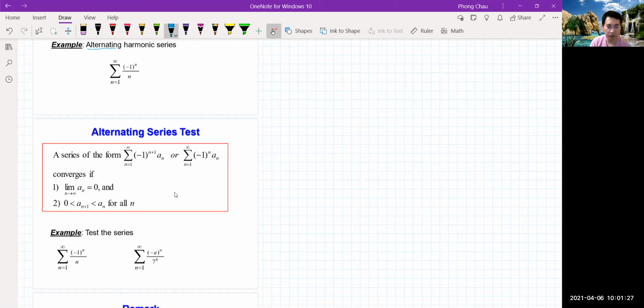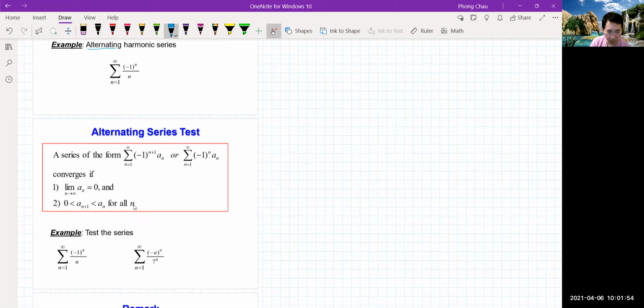Okay, so here it is. A series of this form, either form, doesn't matter, will converge if, number 1, the limit of a sub n equals 0 as n goes to infinity, and number 2, a sub n plus 1 is less than a sub n for all n.